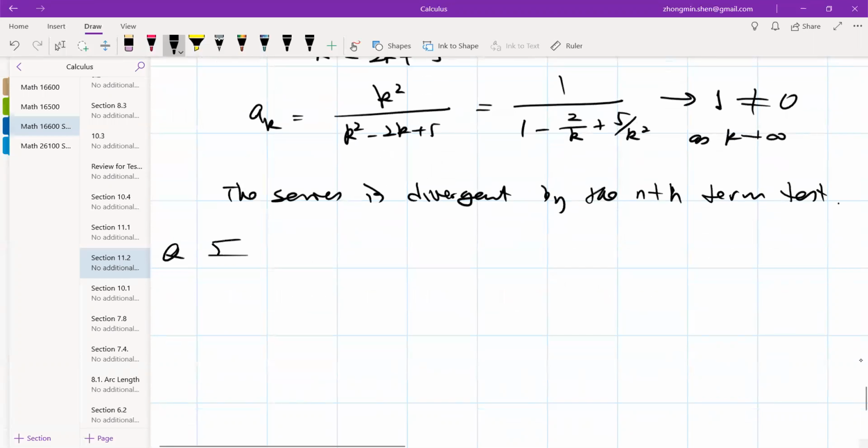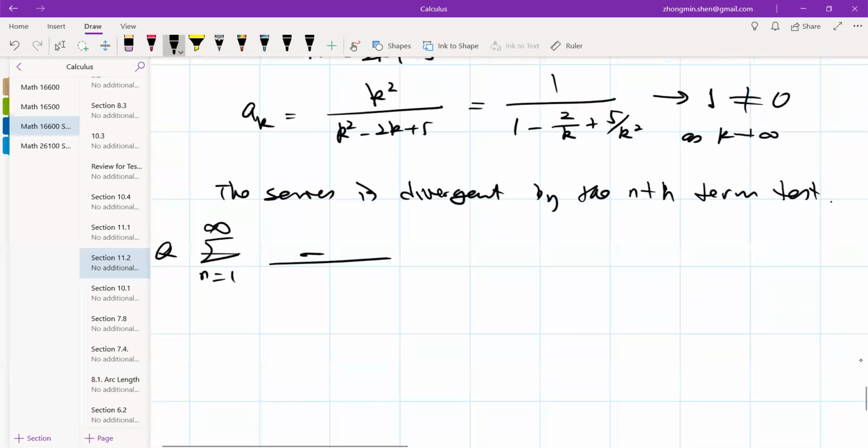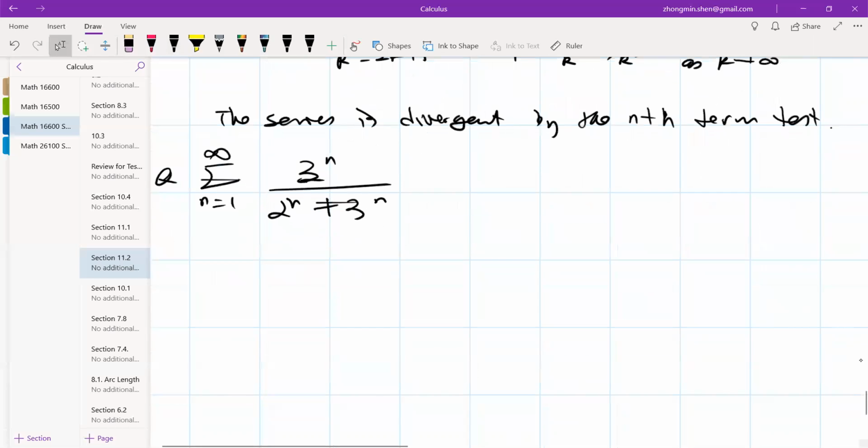Here's another one. Whoa, this is a little simple, right? All right, so this series is also divergent.